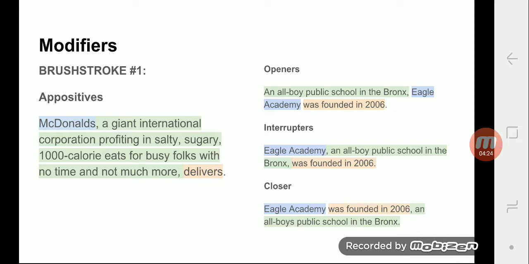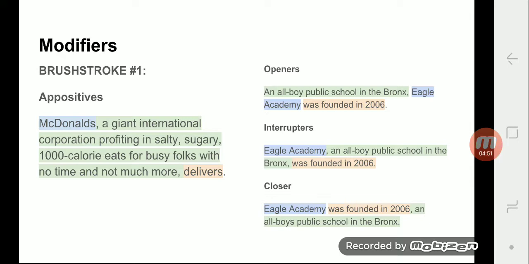So appositives, brushstroke number one, that's where you give an alternative noun phrase to define the subject. My example here: McDonald's, a giant international corporation profiting in salty, sugary, 1,000-calorie eats for busy folks with no time and not much more, I think I meant to say money, delivers.